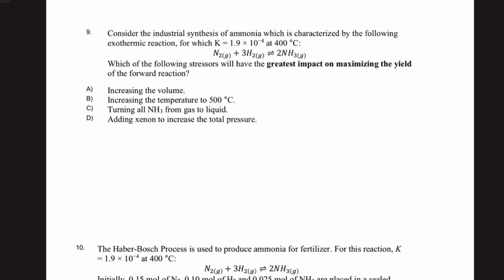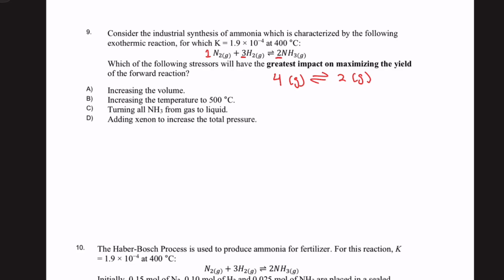So when we talk about increasing the volume, we want to look at the moles of gas on the reactant and the product side. So on the reactant side, there's 1 over here and 3 here. So we have 4 moles of gas in total on the reactant side. And then on the product side, we have 2. So if we increase the volume, Le Chatelier's principle means that it's going to move in the direction that's going to counteract the change.